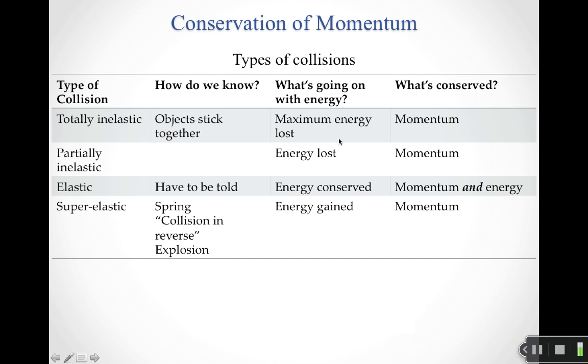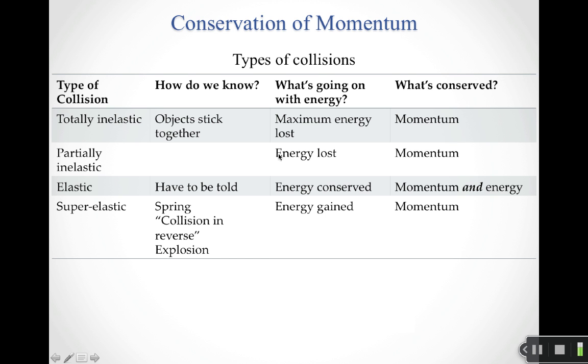During a totally inelastic collision, you lose the most amount of energy possible. You're clearly losing energy, and in fact you're losing as much energy as you can because you need all that lost energy to go into getting your objects to stick together. So the only thing that's conserved during a totally inelastic collision is momentum.